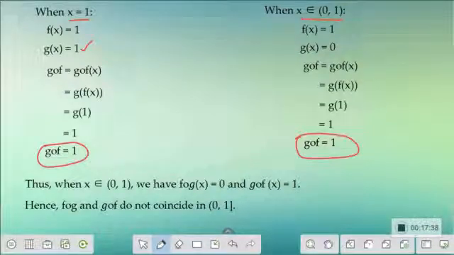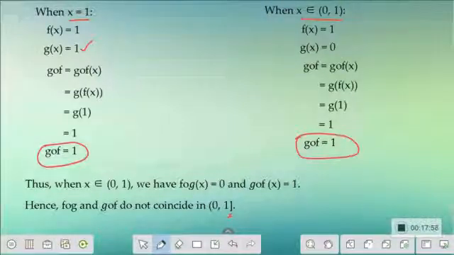It is nothing but a half open interval. So even though it is satisfied at x equal to 1, the values less than 1 do not satisfy it. Hence we can conclude that the compositions will not be equal in the half open interval 0, 1.